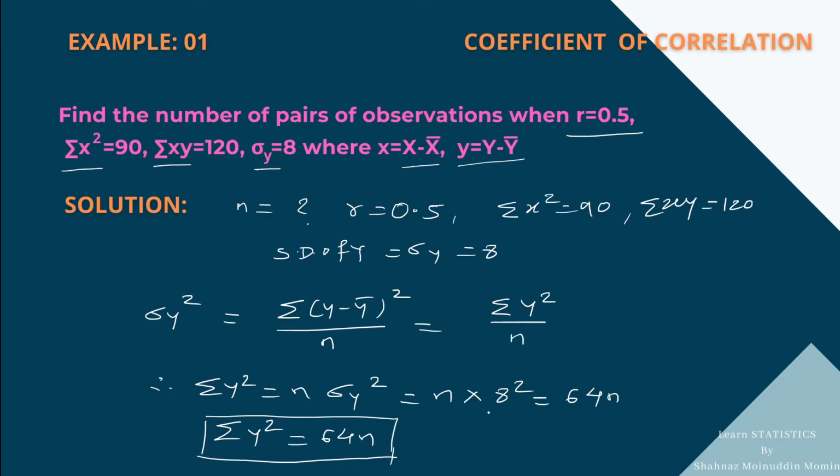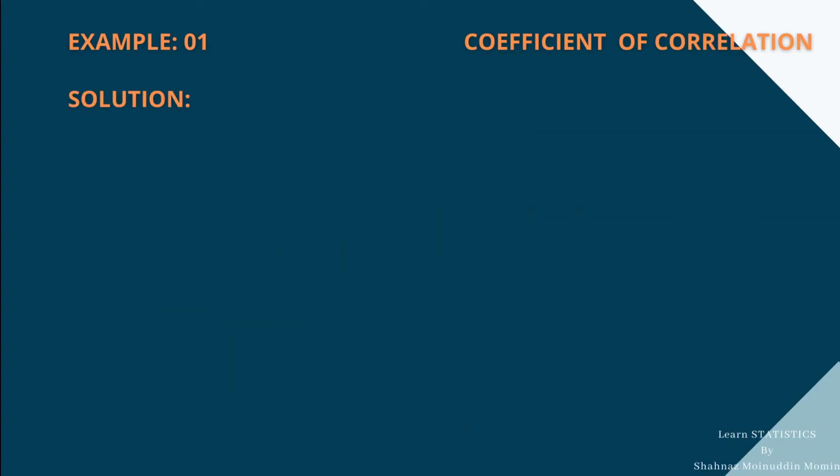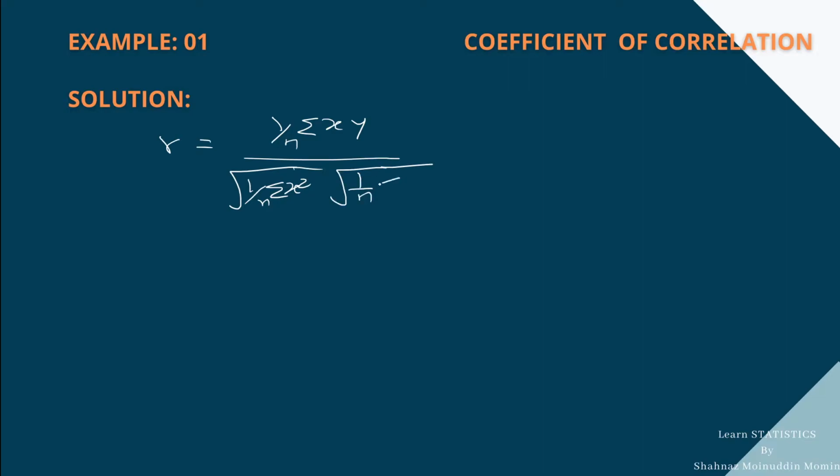We are also given the correlation coefficient. So the formula for correlation coefficient is r equal to 1 upon n into summation x into y divided by under root 1 by n summation x square into under root 1 upon n summation y square, where x is equal to x minus x bar and y equal to y minus y bar.